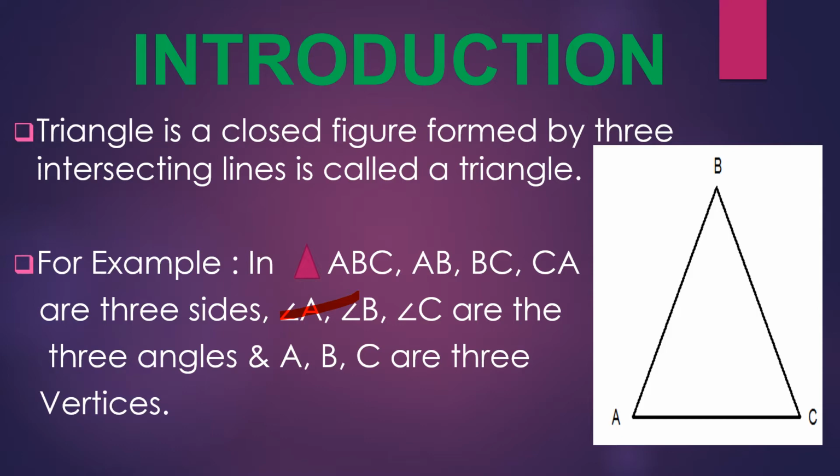Then angle A, angle B and angle C are the three angles, and points A, B, C are the three vertices. So this is all about the triangle.